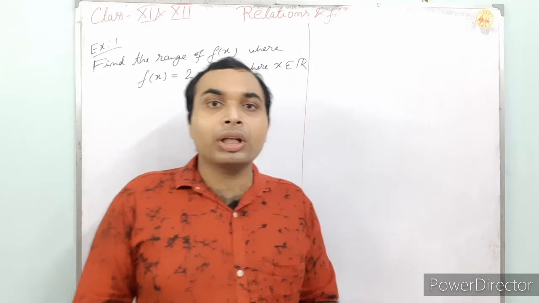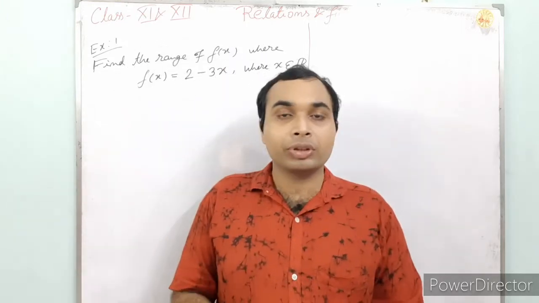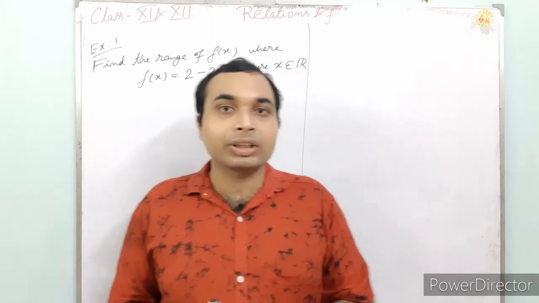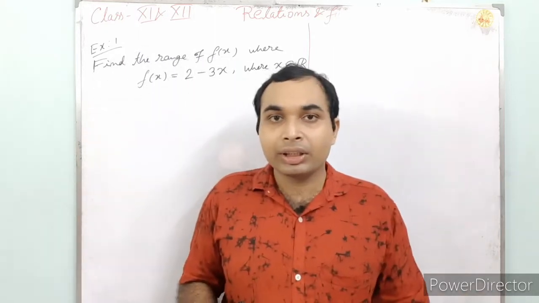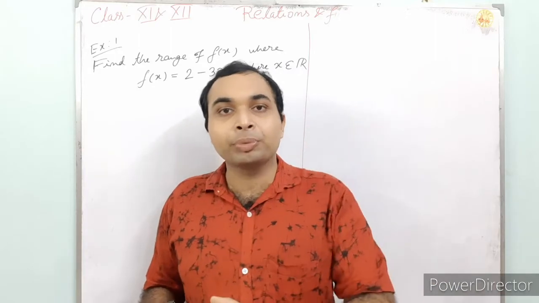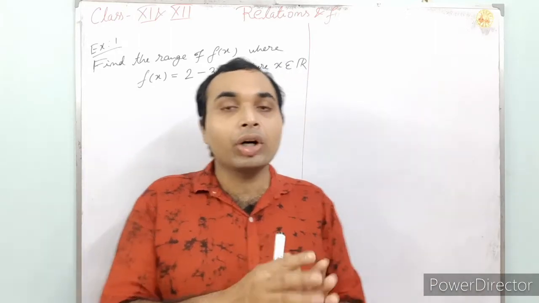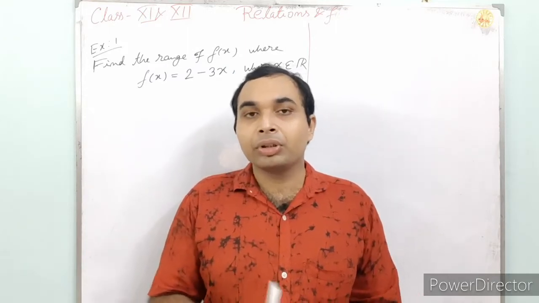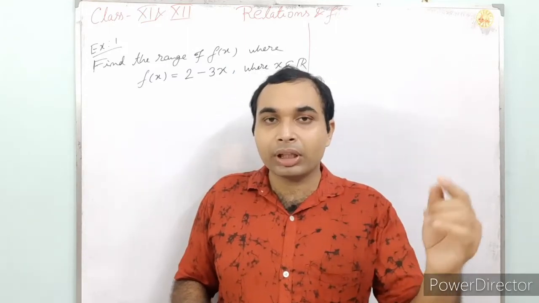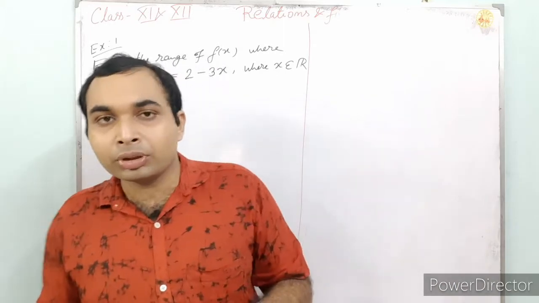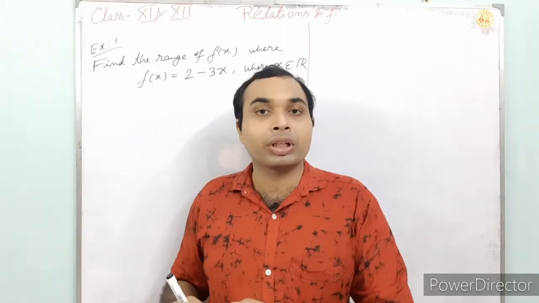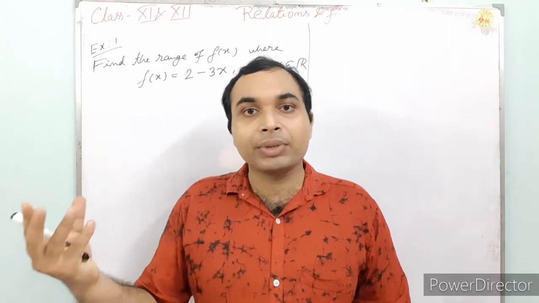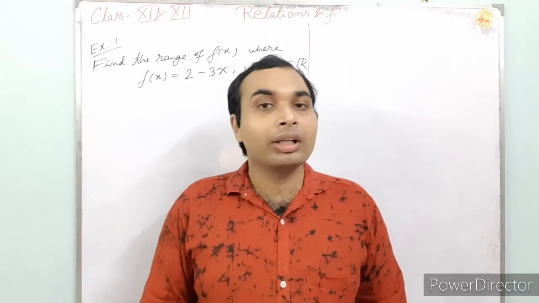Just for a short recapitulation, you know what the domain and range are. The domain is the first set, from where the inputs are coming. Recall the machine concept I told you in the previous video, where I talked about inputs and outputs. The set from where the inputs are coming is called the domain, and the set of outputs is called the range.